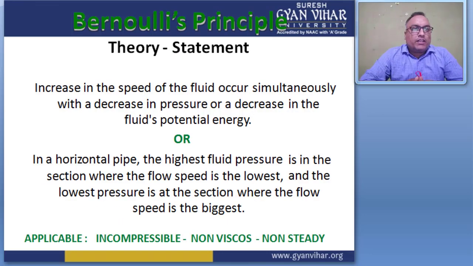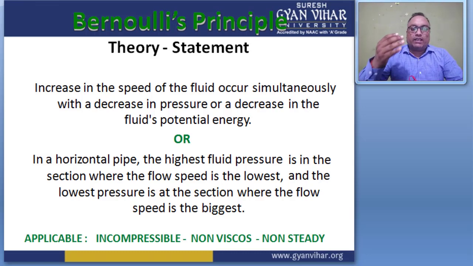For the statement of Bernoulli's equation: an increase in the speed of the fluid occurs simultaneously with a decrease in pressure or a decrease in the fluid's potential energy. If I increase the speed of the fluid, it decreases the fluid potential energy.